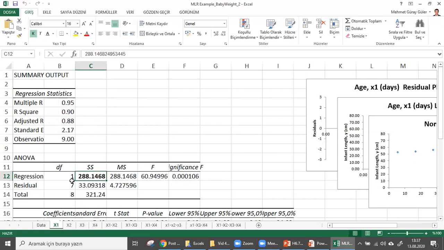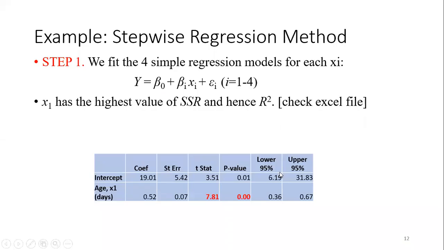This one is the largest. Since r square is equal to SSR divided by SST, and remember SST is constant, why? Because I have yi minus y bar squared, so y bar is the same.